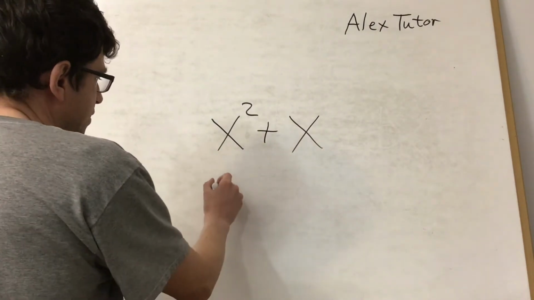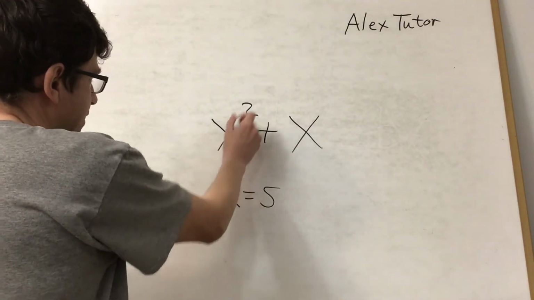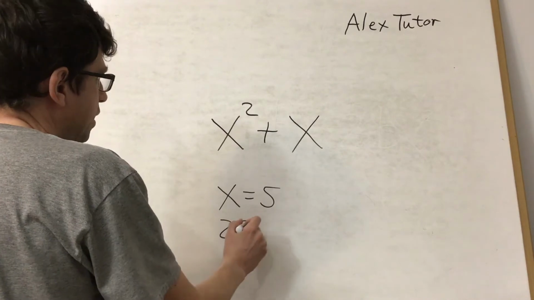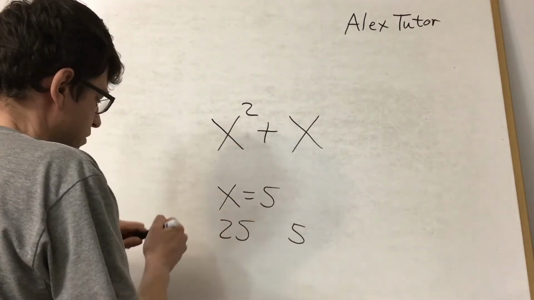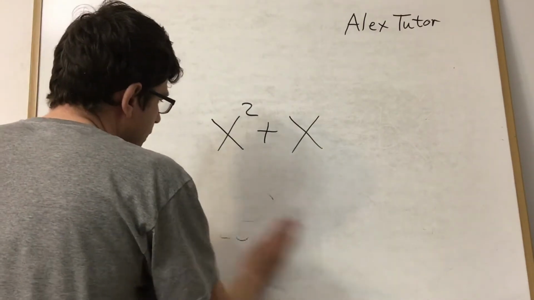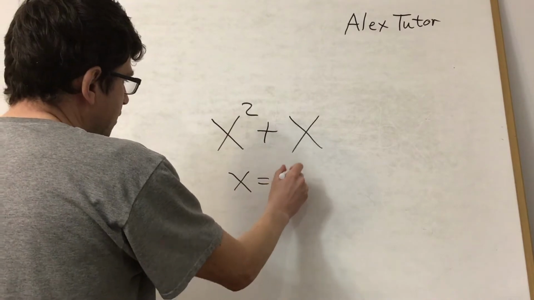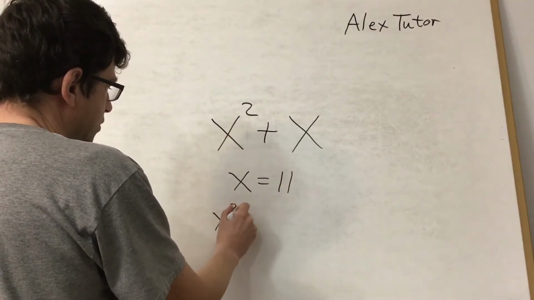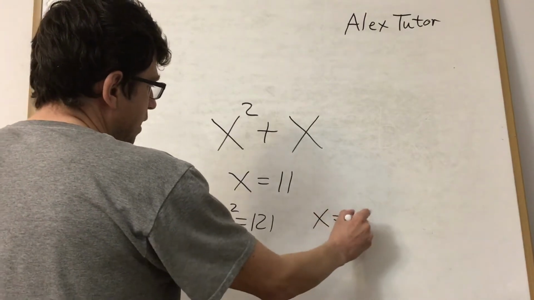For example, let's suppose x equals 5. In this case, x squared is 25 and x is 5, two different numbers. Let's suppose x equals 11. In this case, x to the power of 2 is 121 and x is 11.